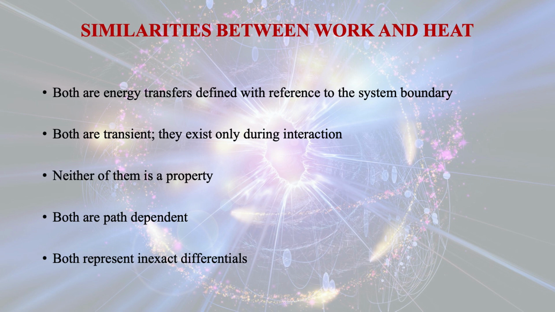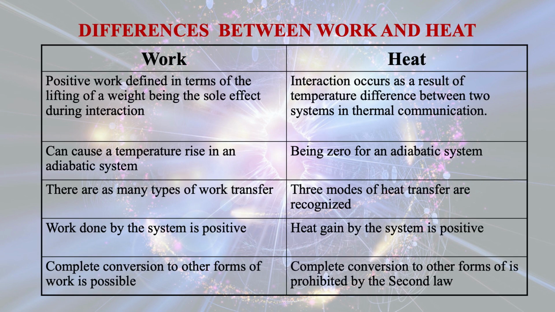Similarities between work and heat: both are energy transfers defined with reference to the system boundary. Both are transient; they exist only during interactions. Neither of them is a property; both are path dependent and both are inexact differentials. Now, the difference between work and heat.